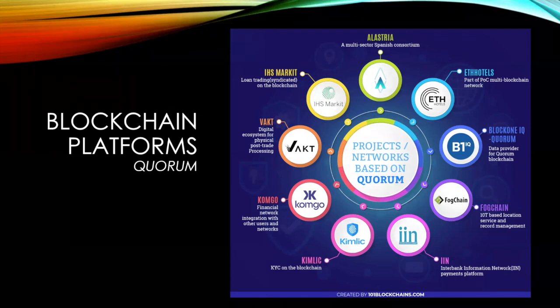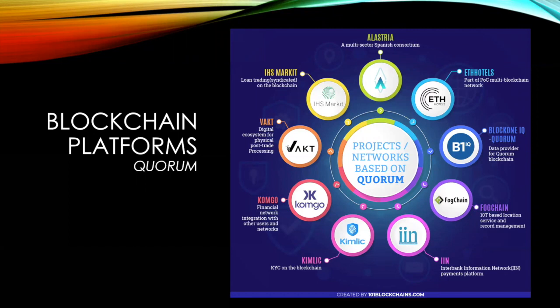Now, Quorum is based on Ethereum. It's what they call their private permissioned version of Ethereum. So it still tends to use the same Ethereum setup. When Ethereum runs, it runs off of this electronic digital money called, nope, just went out of my brain.